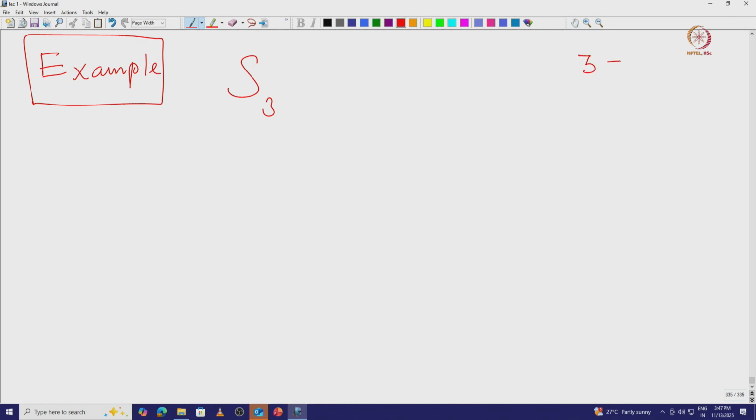If we partition 3 into positive integers, you can get the following partitions: 1 plus 1 plus 1, then 1 plus 2, and then 3. So there are only 3 conjugacy classes possible in S3.